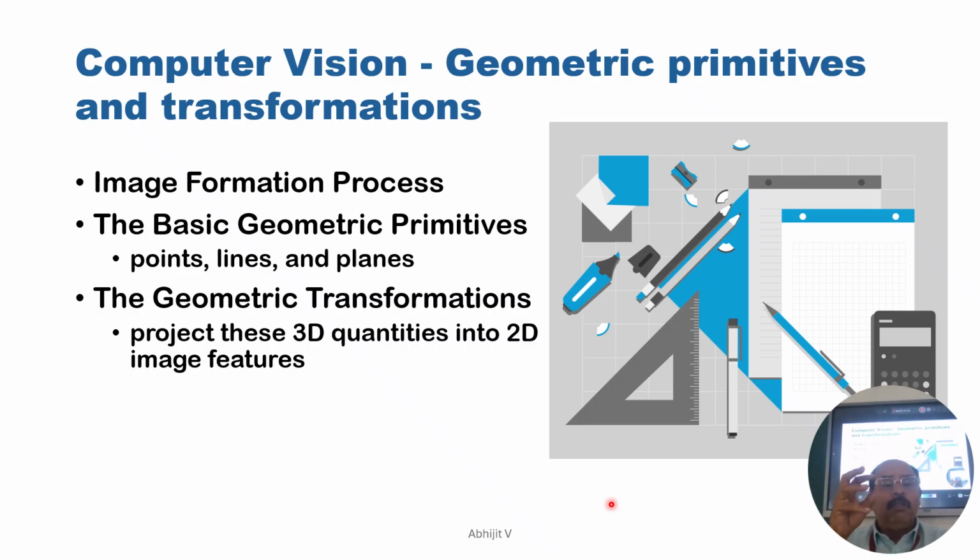By geometric primitives, what I mean is that we are going to see the fundamentals of geometry: what is a line, point, plane, 2D plane, 3D plane, and so on. In my first introductory class, I told you that an image has multiple dimensions.